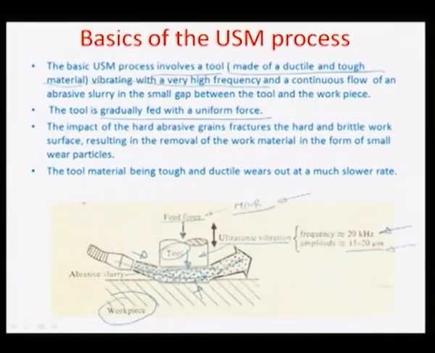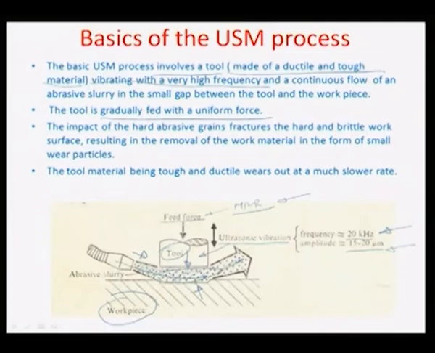This happens at a very high frequency of about 20 kilohertz, in the ultrasonic range. This small-amplitude motion of the tool has the effect of ploughing the abrasive grain over the surface, and this is the principal mechanism of material removal in a USM process.